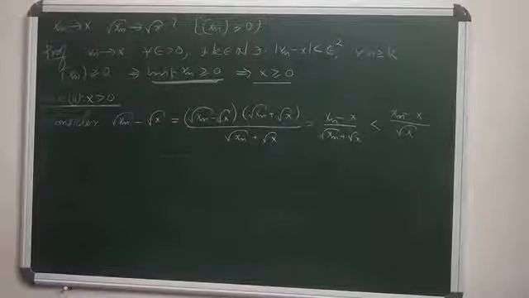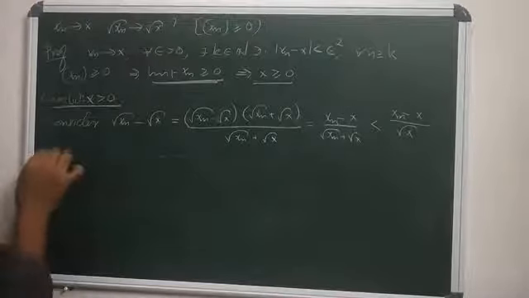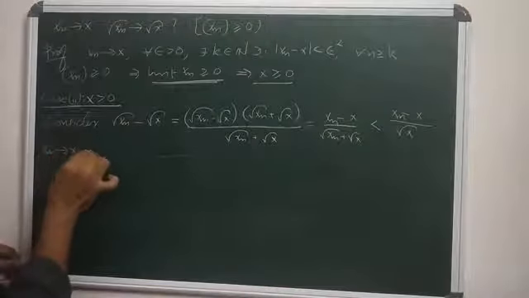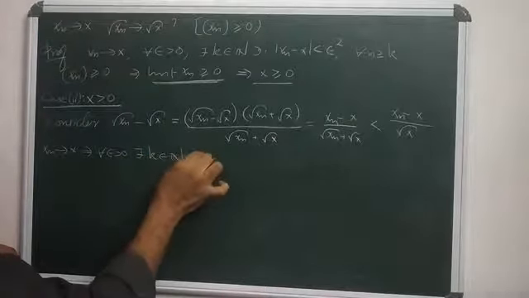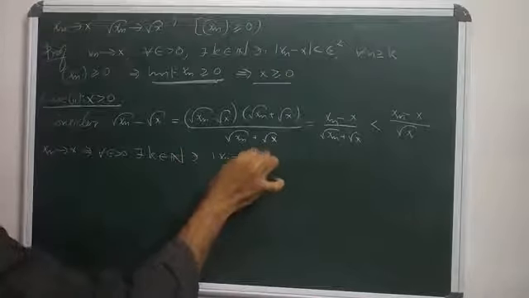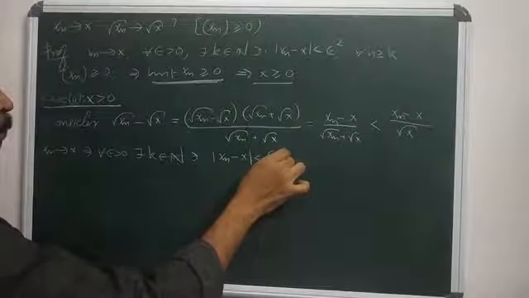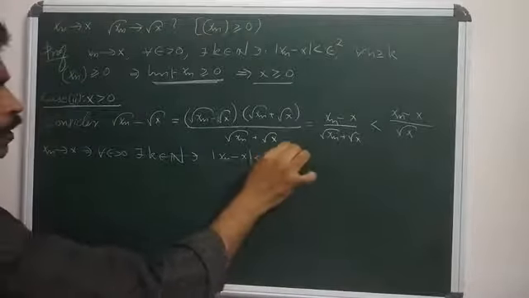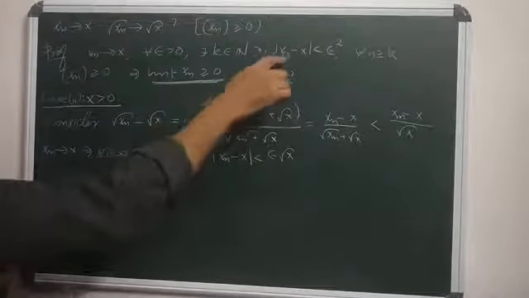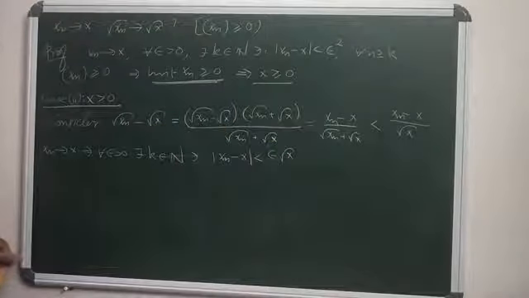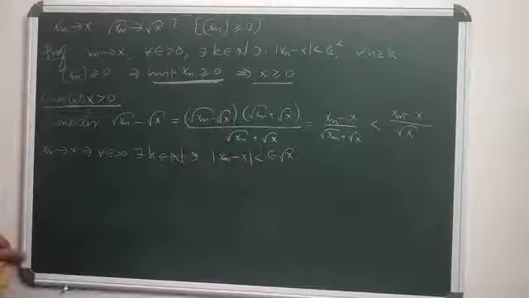But we know that xn converges to x. xn converges to x means again, for all epsilon positive, there exists a k in N such that |xn - x| < epsilon times root x. Why? Because root x is positive. Since x >= 0, root x is also non-negative. So |xn - x| < epsilon times root x.